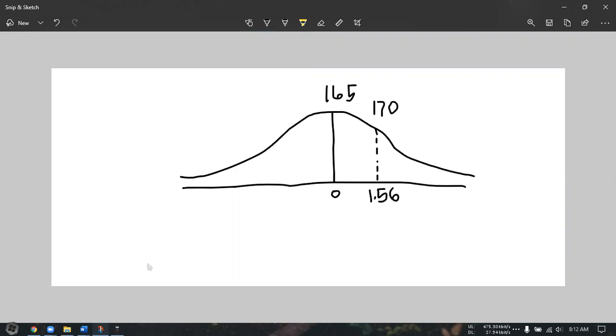And then we have to identify which region we are trying to solve. We're looking for all x who were taller than 170. Taller is greater. So which region should we be shading, the left or the right side of 170?